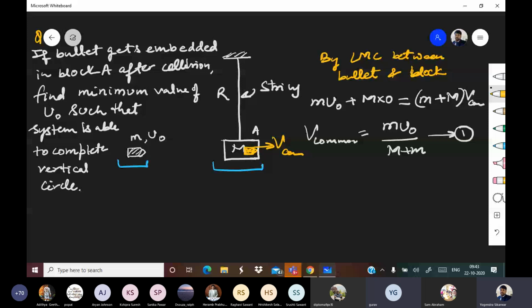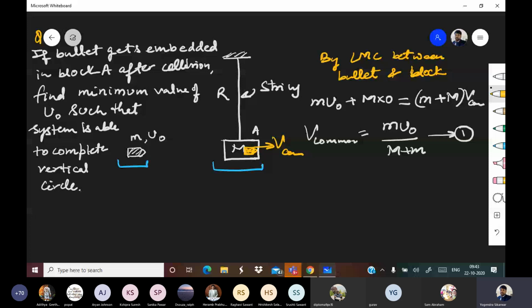to complete the vertical circle, for bullet plus block to complete the vertical circle, V common should be equal to root of 5 gR.